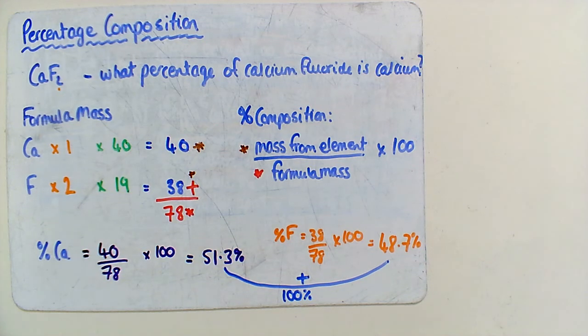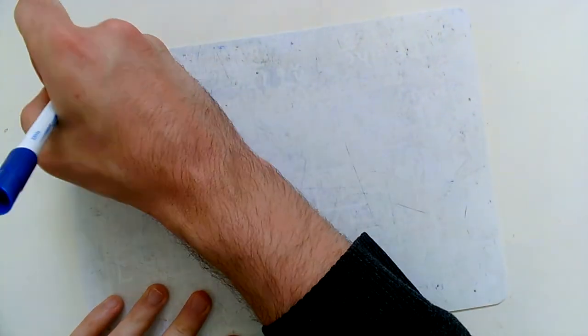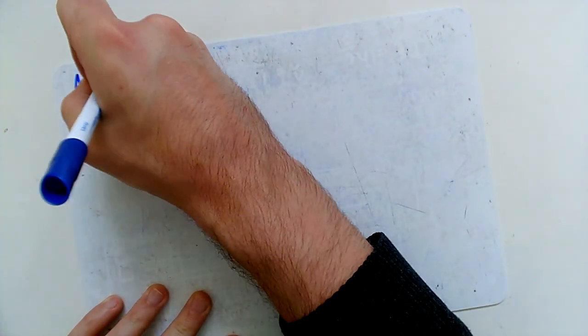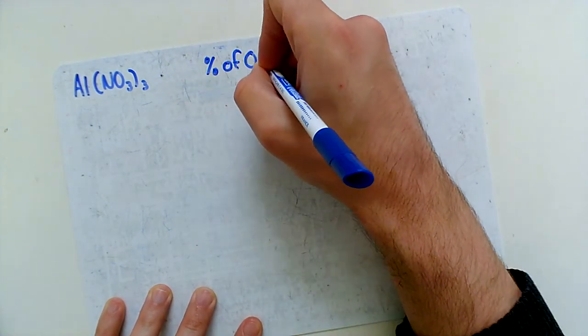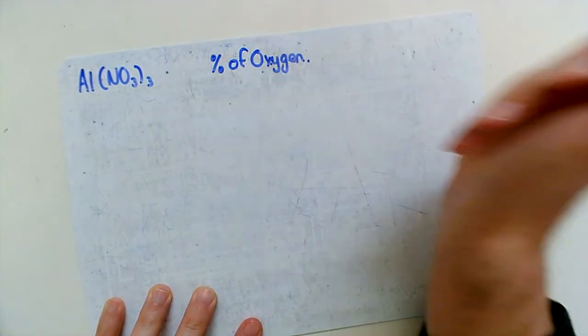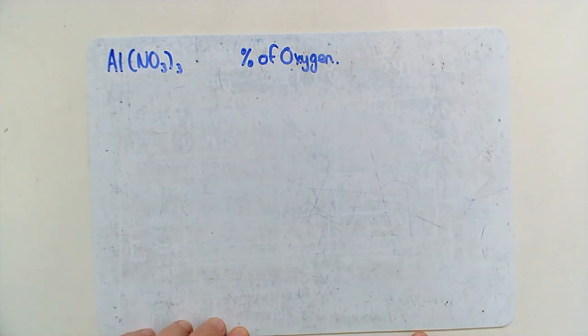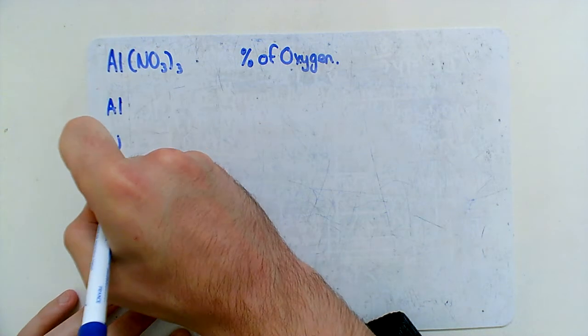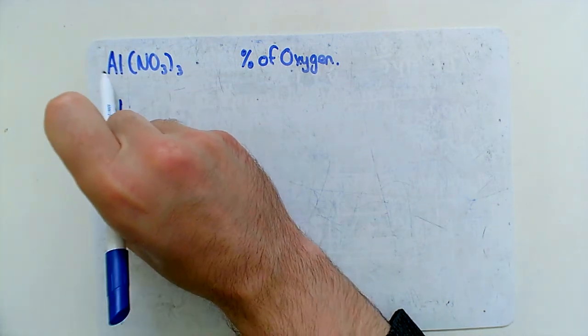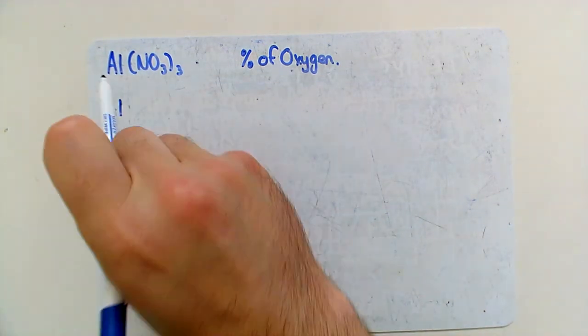So we're just going to do two more examples of questions like that so you can see how it's done. The next one, I'm going to do aluminium nitrate, and we're going to look for the percentage of oxygen. So step one is always work out what the formula mass is. I've got aluminium, nitrogen and oxygen as my elements because I've got a capital, a capital, a capital.